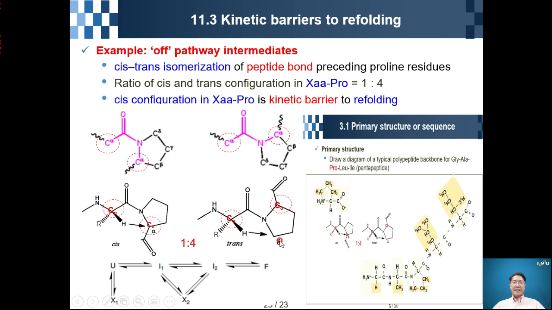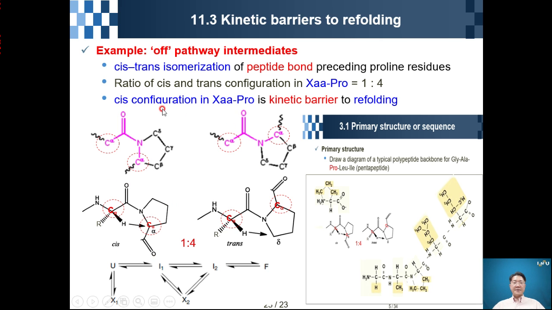Most of the form exists as the trans form. Previously, in chapter 3 on primary structure, we learned that when proline is located here, it makes a turn like this. So this is the trans configuration. And this is a cis configuration in XAA and proline.